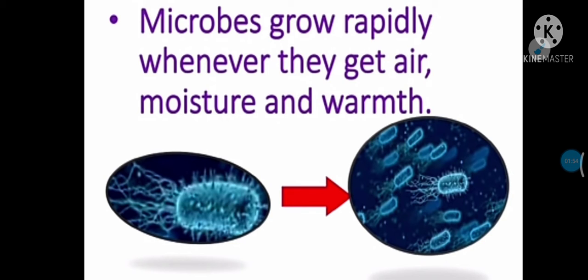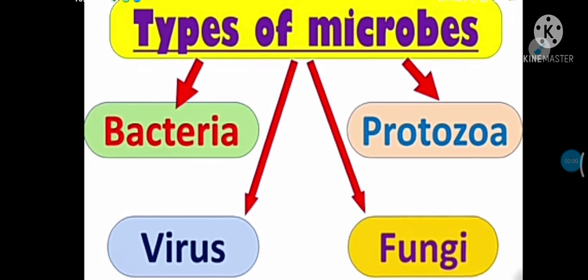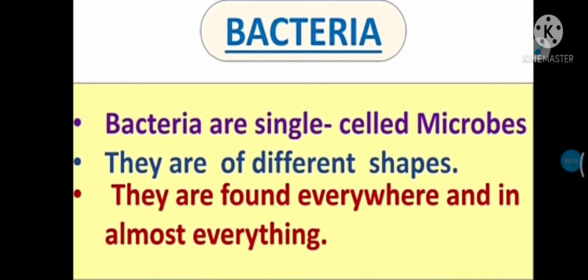Microbes grow rapidly whenever they get air, moisture, and warmth. There are four main types of microbes: bacteria, virus, protozoa, and fungi. So, let us study these different microbes one by one.